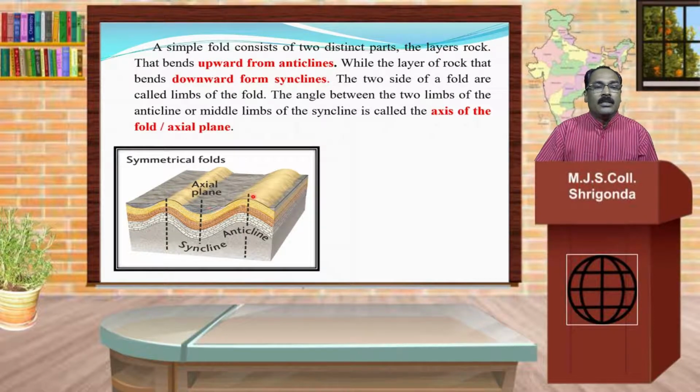The line between the two limbs, in the middle of the anticline and syncline, is called the axis of the fold, or axial plane.